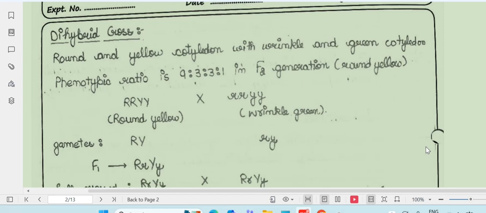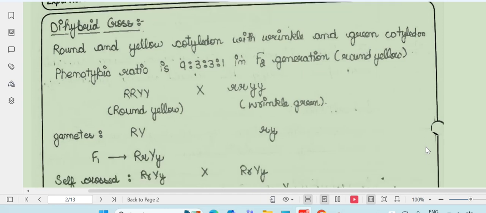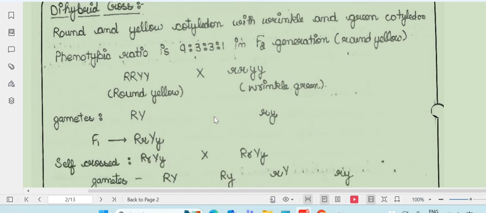Then in the second, you have to explain the dihybrid cross. In a dihybrid cross, two characters are taken, like round yellow seed and wrinkled green seed. So capital R, capital Y, small y. The gametes are formed, and in F1 hybrids are formed.